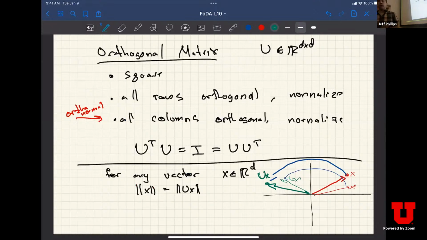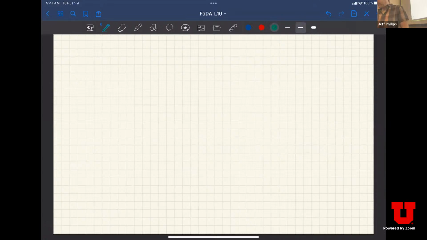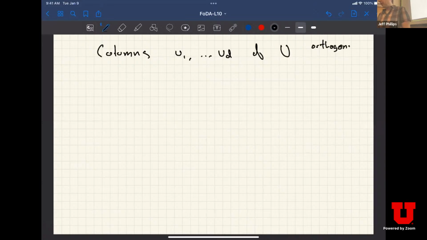Okay, one last thing I want to say is that the columns u1 up to ud of U, where U is this orthogonal matrix, form what's called an orthonormal basis.